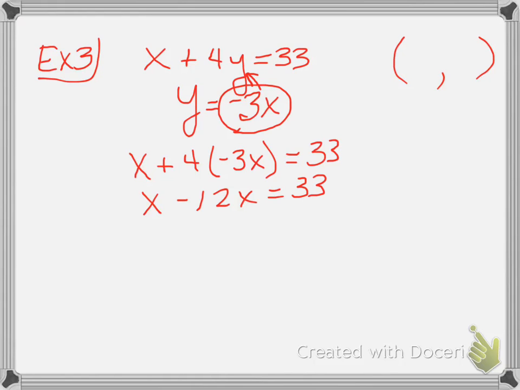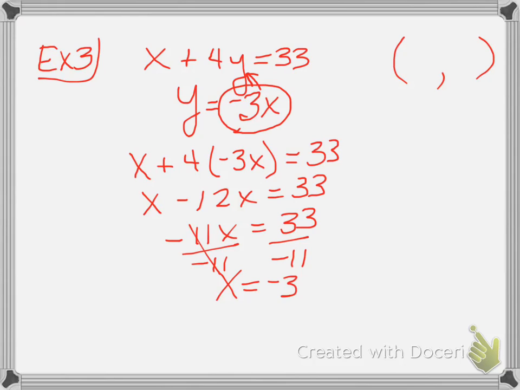x minus 12x is negative 11x equals 33. Divide by negative 11, so x would be negative 3. I would plug that in up here. Then one more substitution where I take this value for x and plug it into this equation.